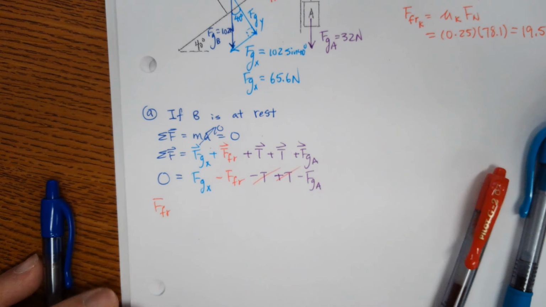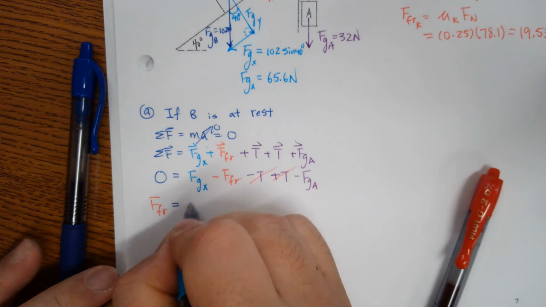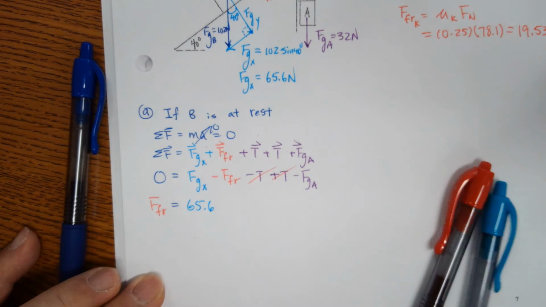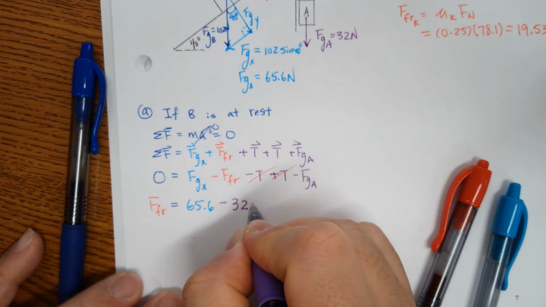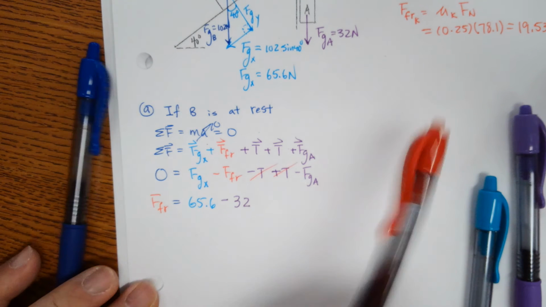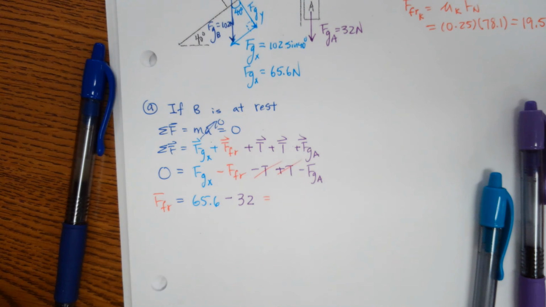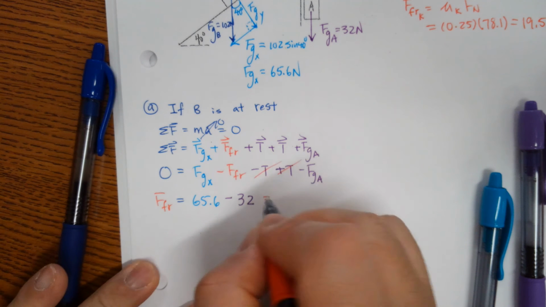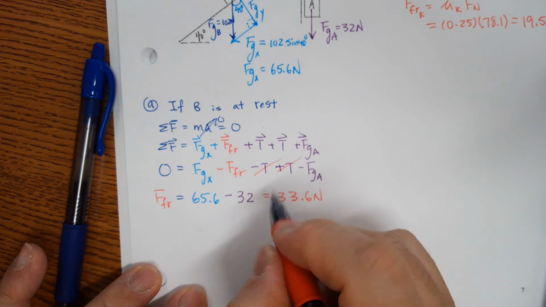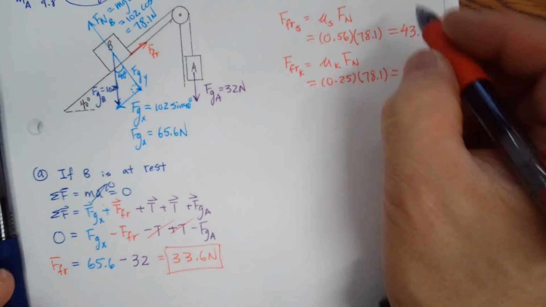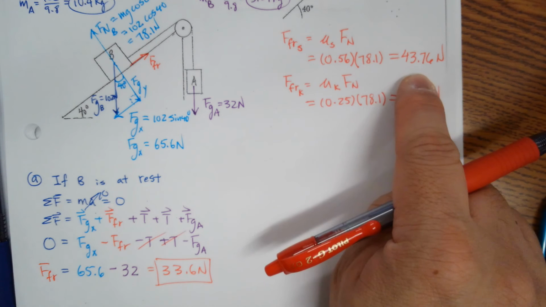My friction is equal to FGX, which is 65.6, minus 32. So the friction required to keep it from moving is 33.6 newtons.